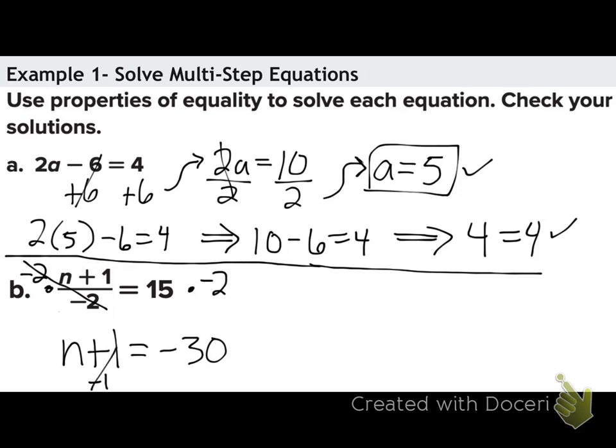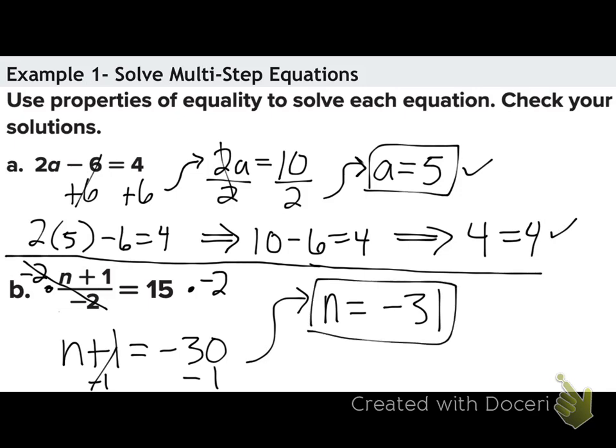Subtract 1. Whatever I do to the left, got to do to the right. Left-hand side of the equation, 1's cancel out. What am I left with on the left? N. On the right side, negative 30 minus 1 gives me negative 31. Is n now by itself? Yep. There's my answer. We okay with that?